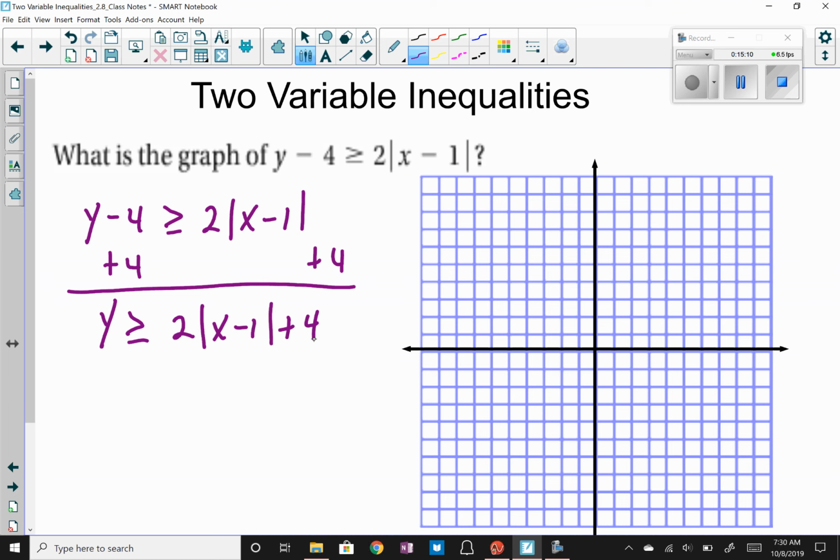Okay, so again, we want to determine where the vertex is. So we notice that the vertex is at 1, 4. So I want to plot that point to begin with. And we notice here now that this time the slope is 2. So that means we're going to go up 2 and to the right 1.